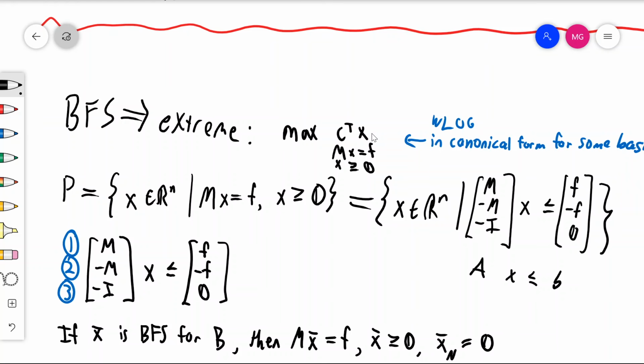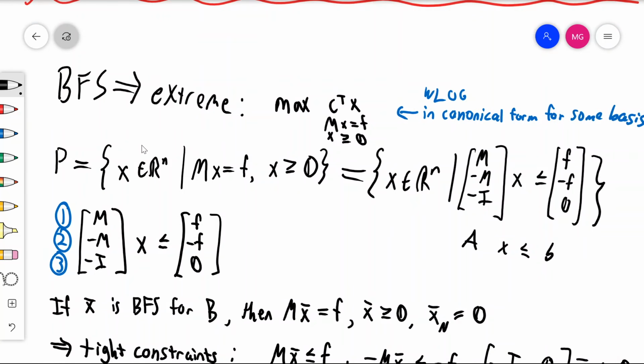So let's assume that we're in canonical form for the basis corresponding to our basic feasible solution. I hope that makes sense. We're starting with a basic feasible solution. Well, what is the basis that is associated to that basic feasible solution? Let's put the linear program in canonical form for that basis. Then we're going to show that that point is an extreme point.